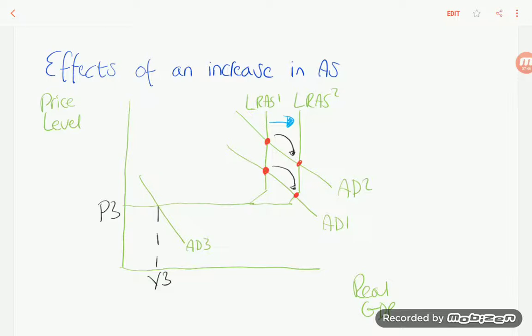There's been a large negative output gap, so the price level is not going to change. This is why economists say there is little point in aiming to increase AS during a depression. The macroeconomic equilibrium will not be affected and there'll be no increase in output or employment.